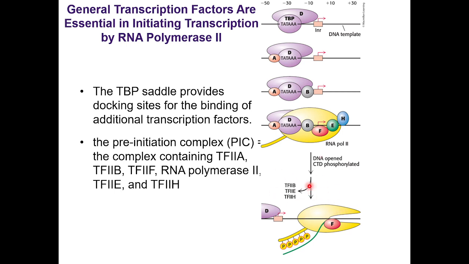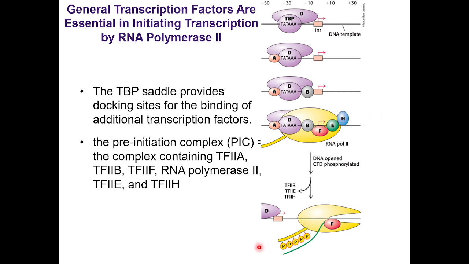So we assemble the complex on there, the DNA is going to open, your CTD is then going to be phosphorylated, and then you're going to lose the majority of this complex. This part's saddled on the DNA, so that's going to be left behind. This part here is going to be the polymerase that goes along and does your copying, right?